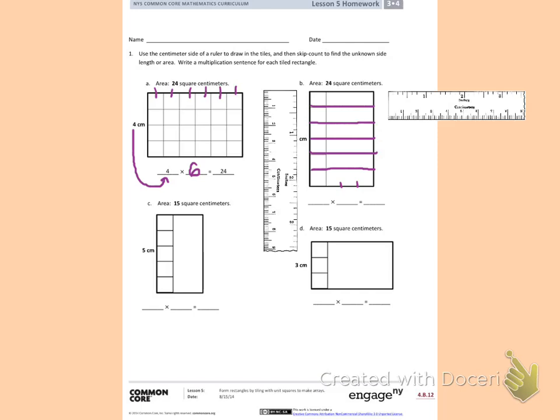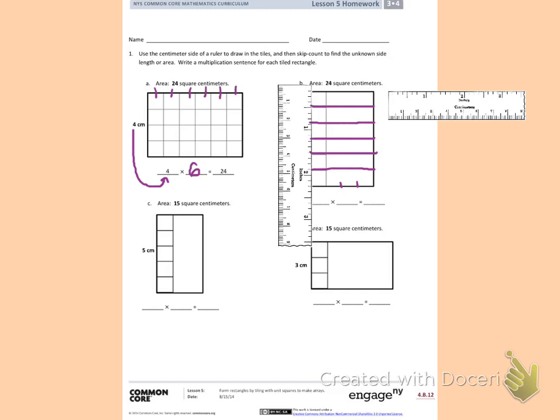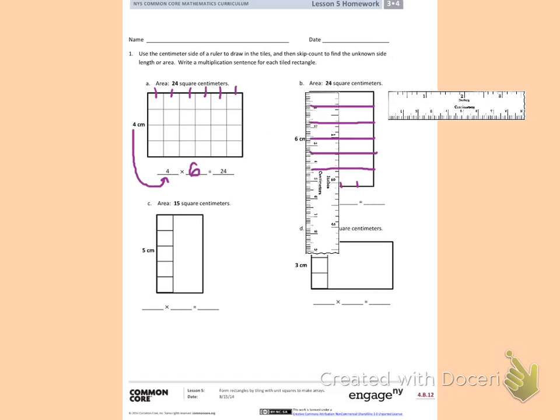Okay, now I've put in another ruler. This way I'm able to line it up with my hash marks and draw my columns, hopefully with straight lines.